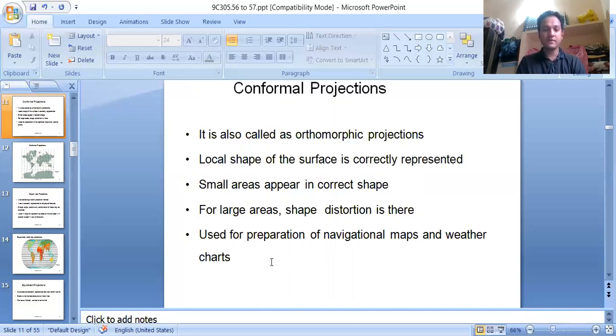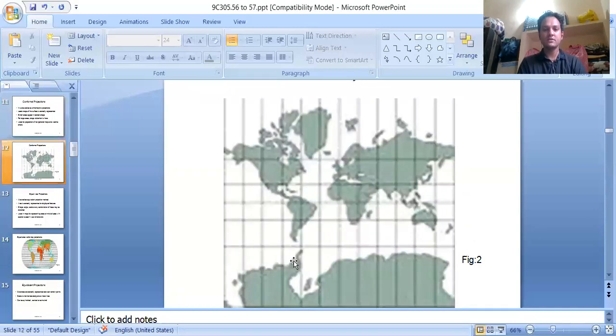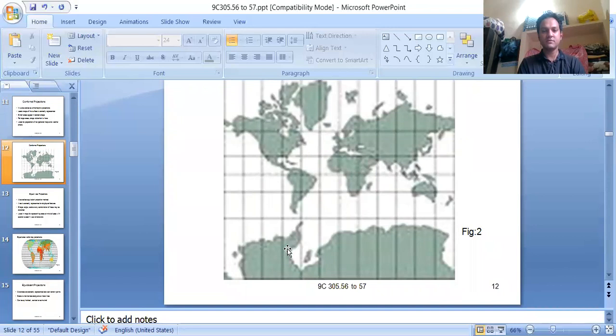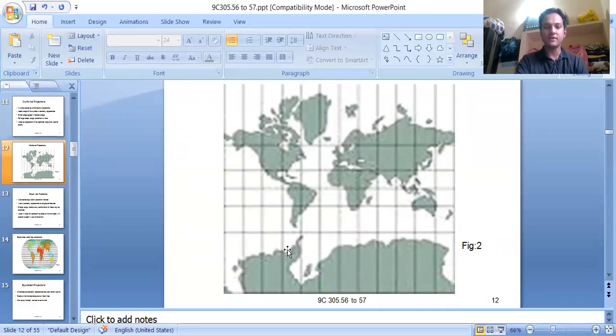This is suitable for smaller areas. If you go for larger areas, there might be a shape distortion. It is used for preparation of navigational maps and weather charts. This is an example for conformal maps where it shows some weather details of an area.